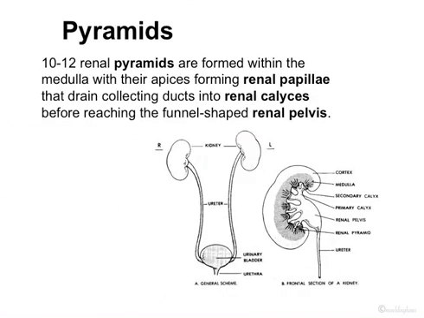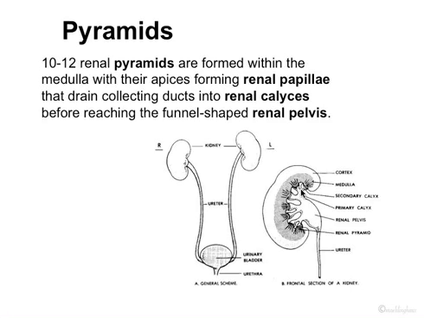Okay, we have 10 or 12 of those, and they're formed within the renal medulla, and they have the apices, so they're formed pointing down, and their apices reach into funnel kind of structures that then collect all the urine. The funnels are called the renal papillae, right here, or the openings of the funnels, because the funnels themselves are actually known as the renal calyces.